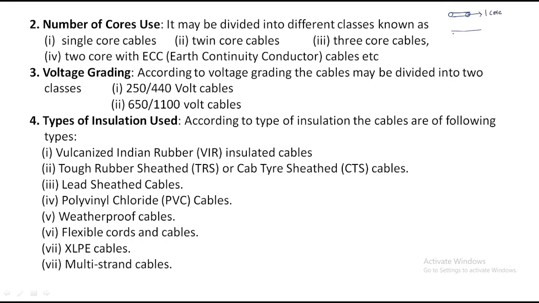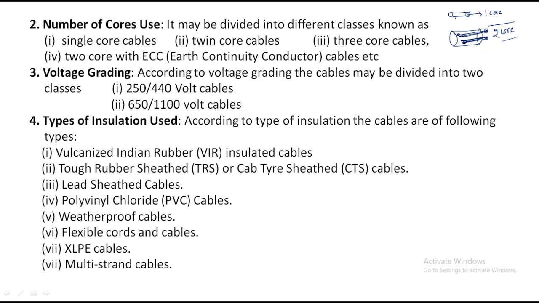And we already discussed that in the case of cables, some consist of three wires. This is one wire, and this is two wires, so this is two core. If the cores increase, the number may increase.